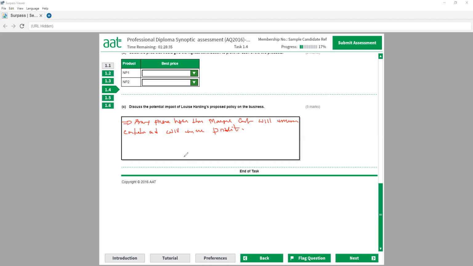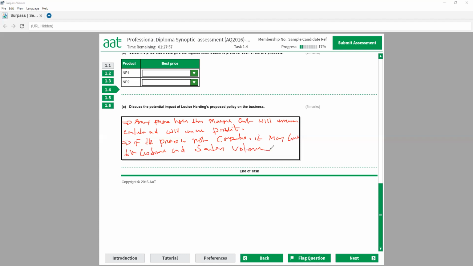And obviously, we need to also consider how much we can sell. That's the problem. So the bad side is if the price is not competitive, it may lose the customer and sales volume.